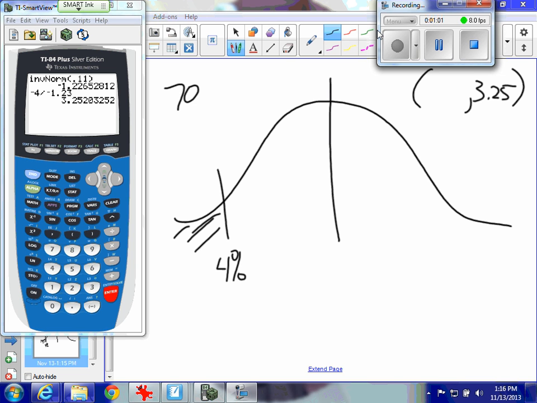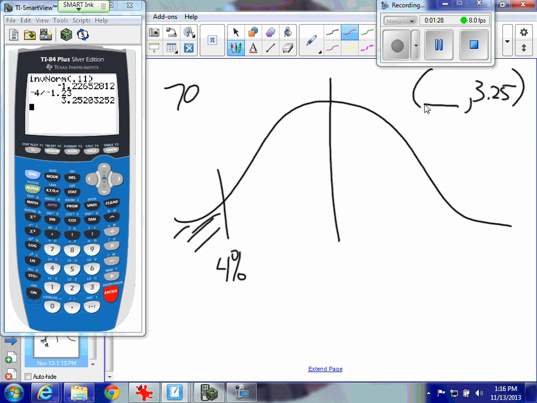Okay, so I need to find a new mean that is going to make 70 grams only 4%. Only the fourth percentile. Well, how are we going to do that? I say let's throw some spaghetti against the wall.